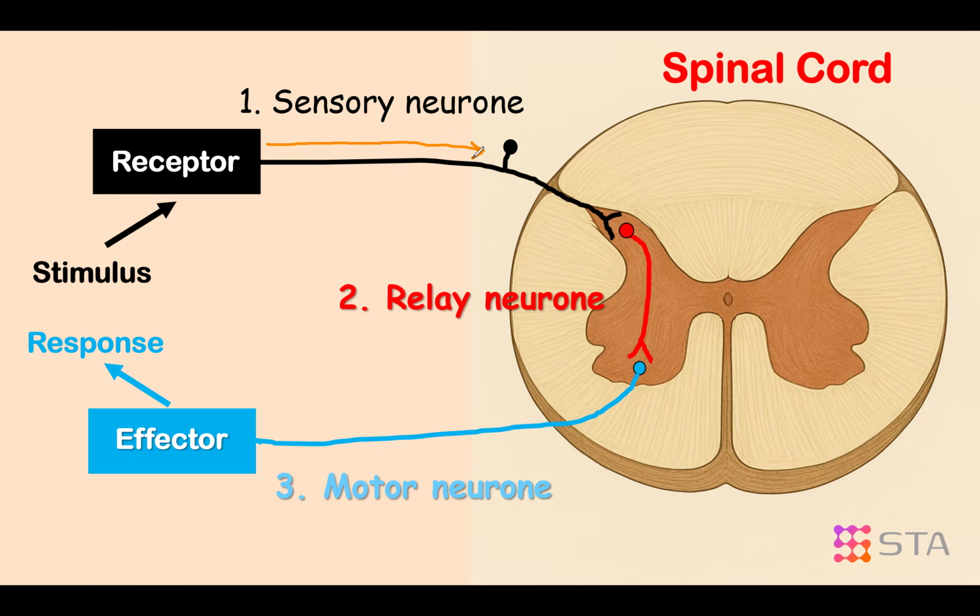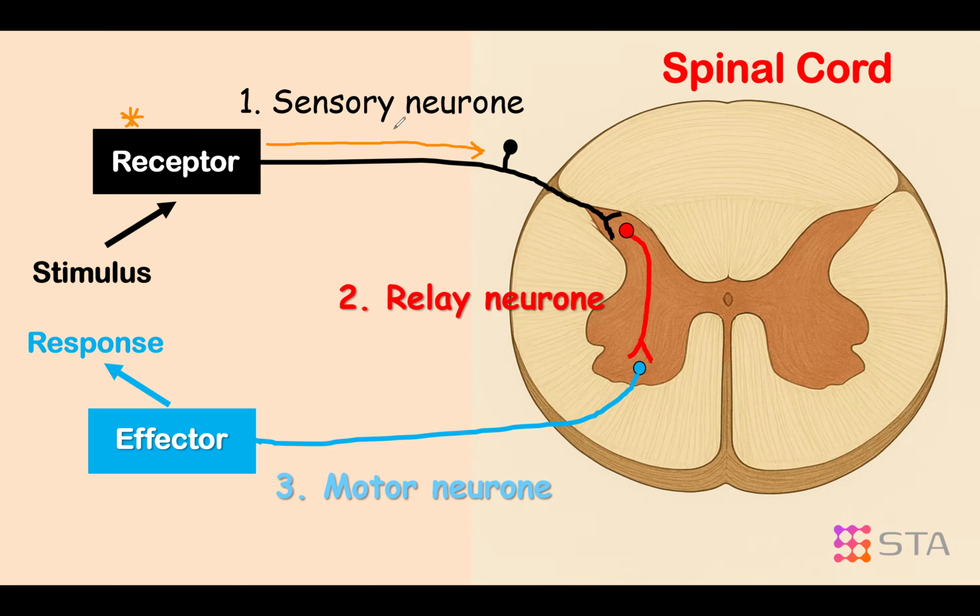Now, there are three neurons or nerve cells that we need to know about. The first one, they are in order, is the sensory neuron. So we have an electrical impulse go from the receptor where the electrical impulses start. These are cells inside the sense organs.